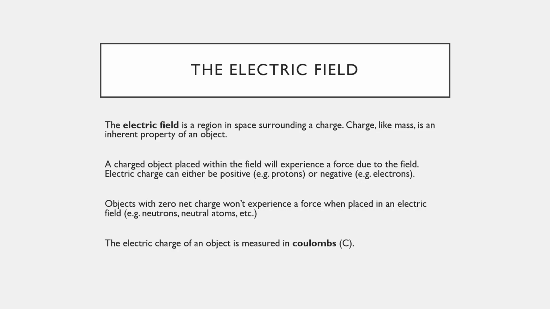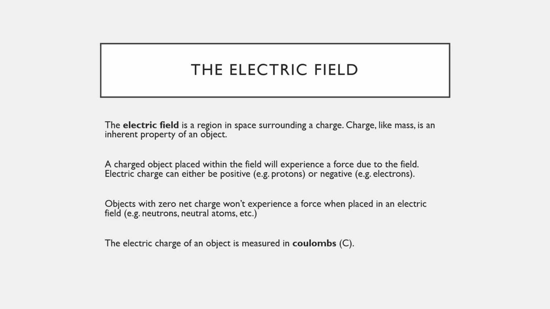Electrons have what we call a negative charge. Protons have a positive charge. Neutrons have a neutral charge, so they don't have either a positive nor a negative charge. So things that exist have either a charge or not, and the charge can be positive or negative.